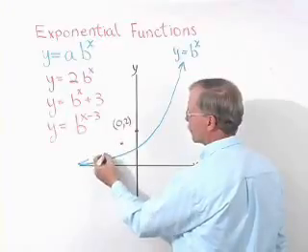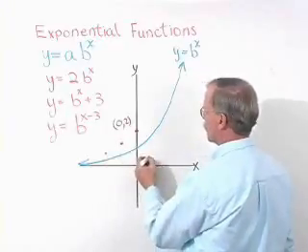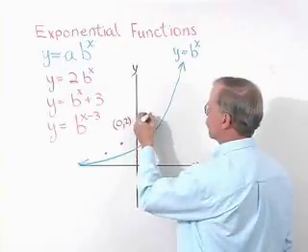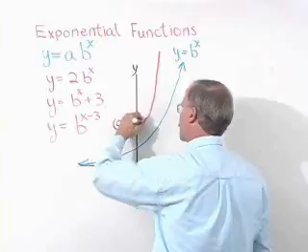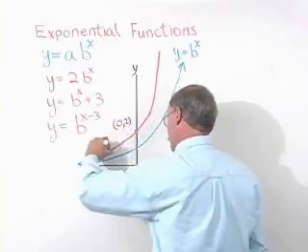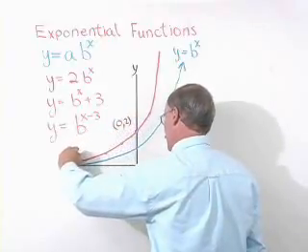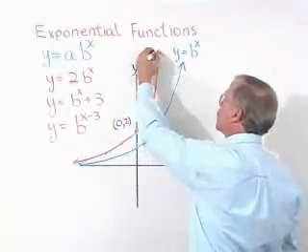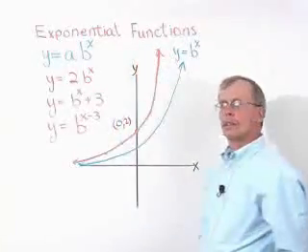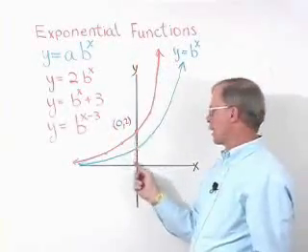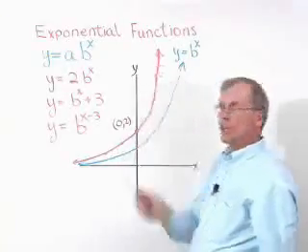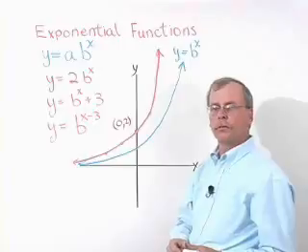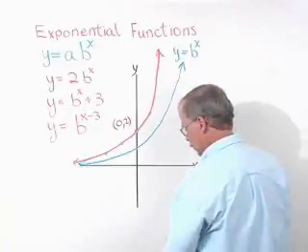And so we wind up with a steeper graph. Same range and domain, but it now crosses the y-axis at 2 instead of 1, and it's a steeper, sharper curve. Let's look at the next one.